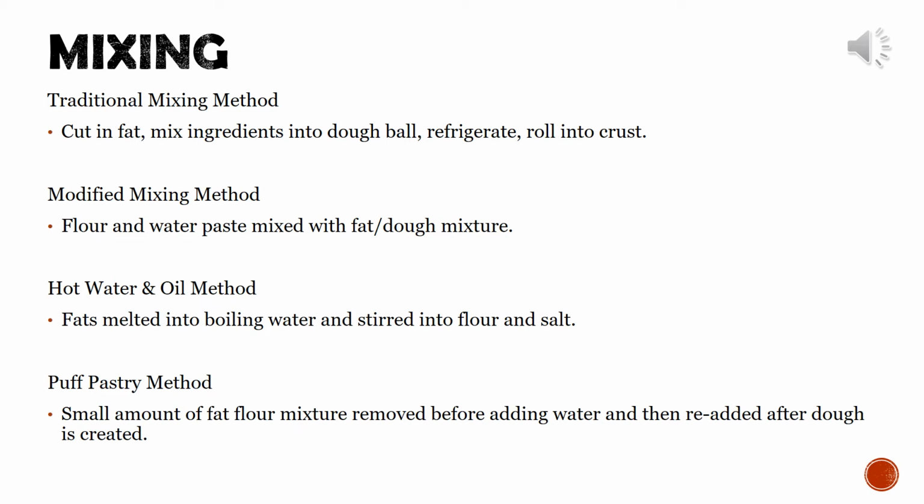Even if it does warm up a bit, it's still not going to be that same structure that you're going to get with a solid little piece of fat that's going to create a very high level of flakiness. So this will be used when you're looking to spend less time and energy on the cutting in process. It's very simple, but again, it's not going to produce quite as much flakiness.